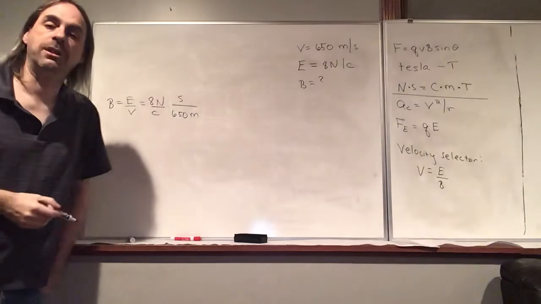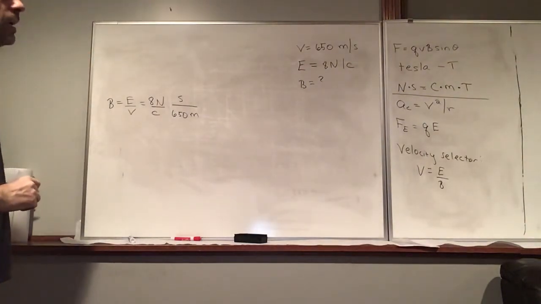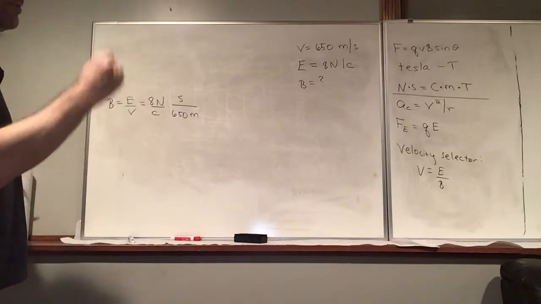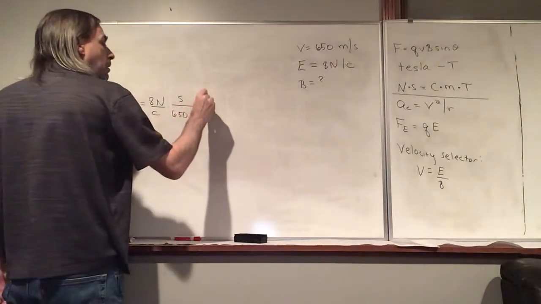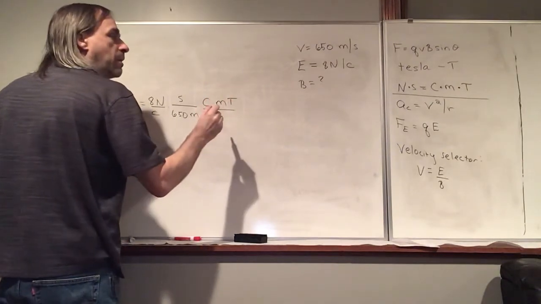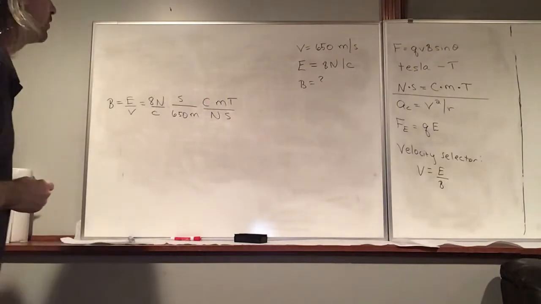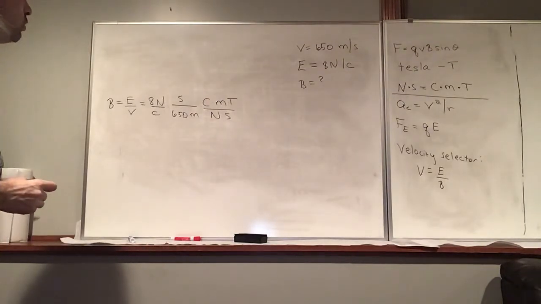So somehow this is supposed to give us Teslas. Okay, well, we have a new conversion factor. Let's use it. Actually, the units are not going to be as difficult as I thought they would be. Everything is just going to cancel out right away.